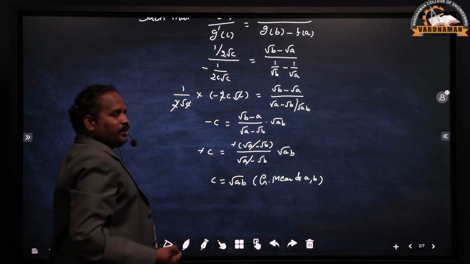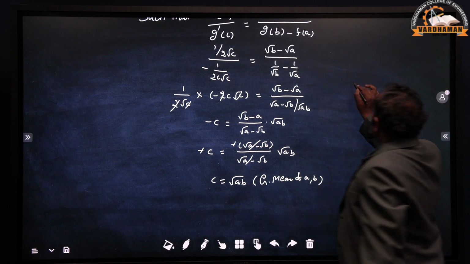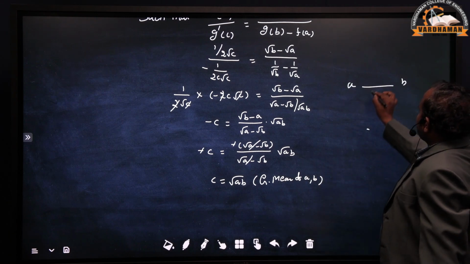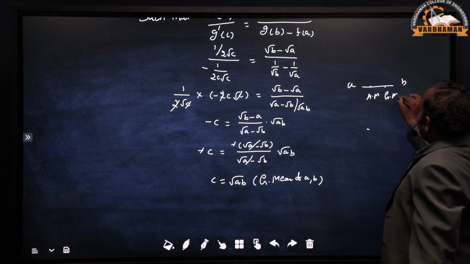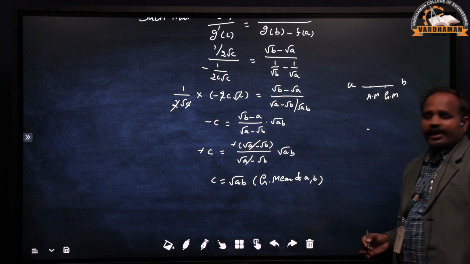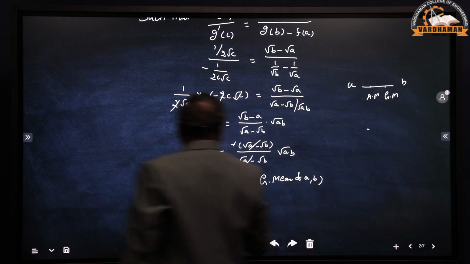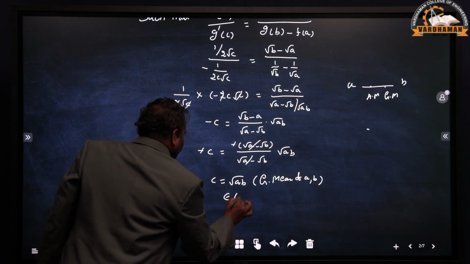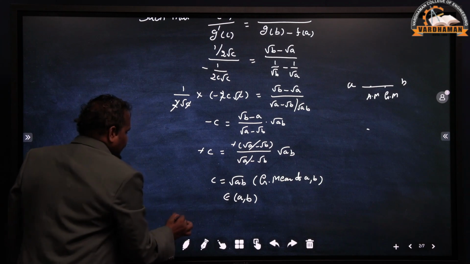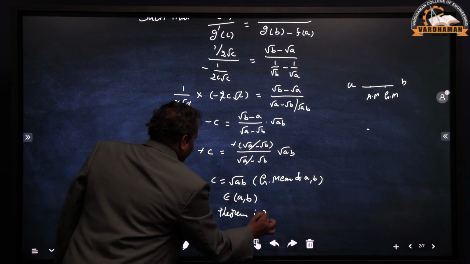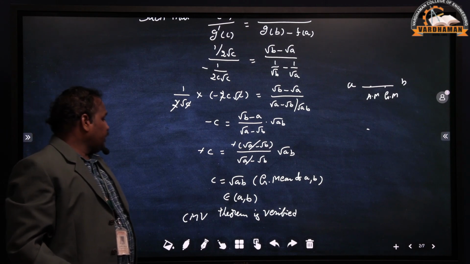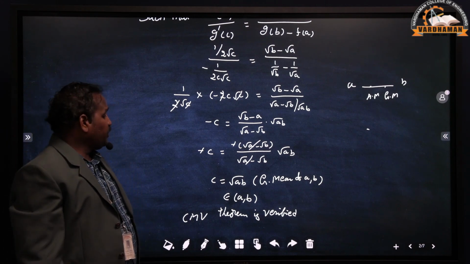So if a, b are any two elements, then the arithmetic mean or geometric mean always lies between a and b. That's why this always belongs to the open interval (a, b). Therefore the CMV theorem is verified. So like this we verify Cauchy's mean value theorem.